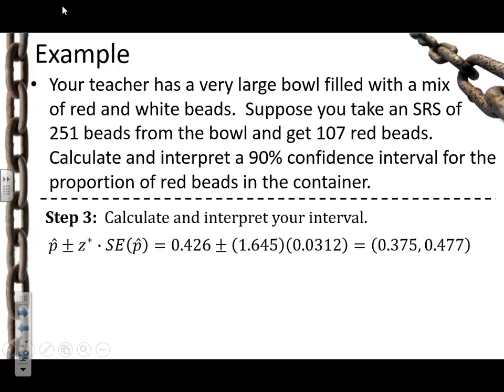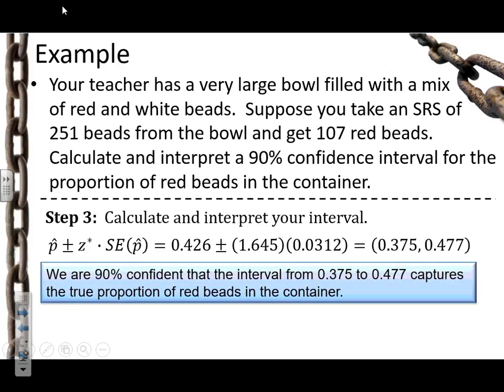So we are 90% confident that the proportion of red beads in the bowl is between 0.375 and 0.477. Or in other words, we can say we're 90% confident that there are between 37.5% and 47.7% red beads in the bowl.